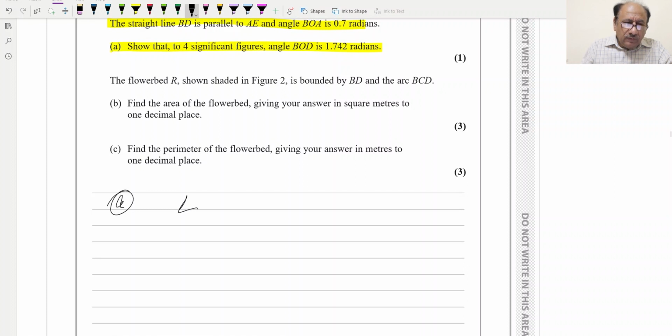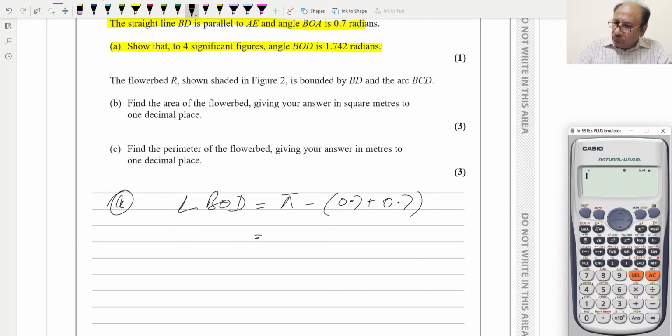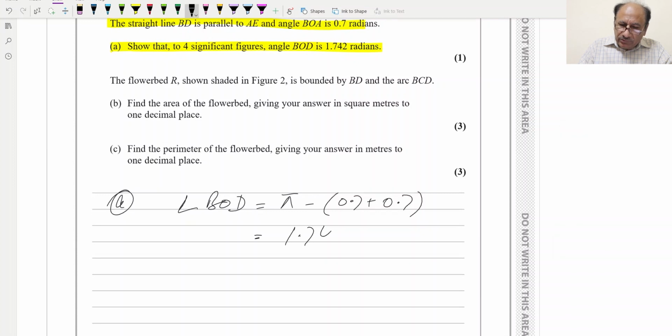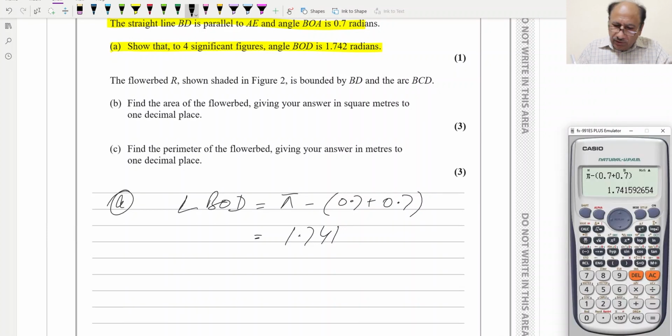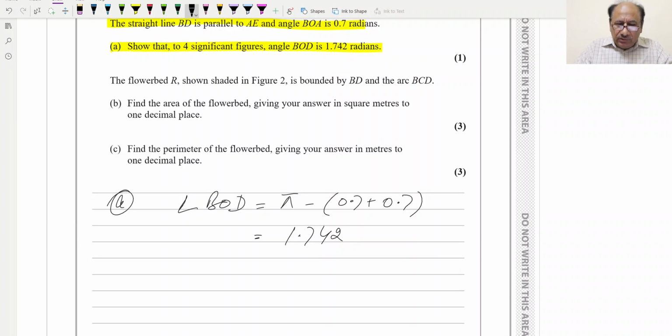So angle BOD is equal to pi minus 0.7 radian plus 0.7 radian, and this will be equal to pi minus 0.7, with brackets over here, and this will be plus 0.7, and this is equal to 1.742 up to four significant figures, in radians. This is basically a 1 mark question which we have done.